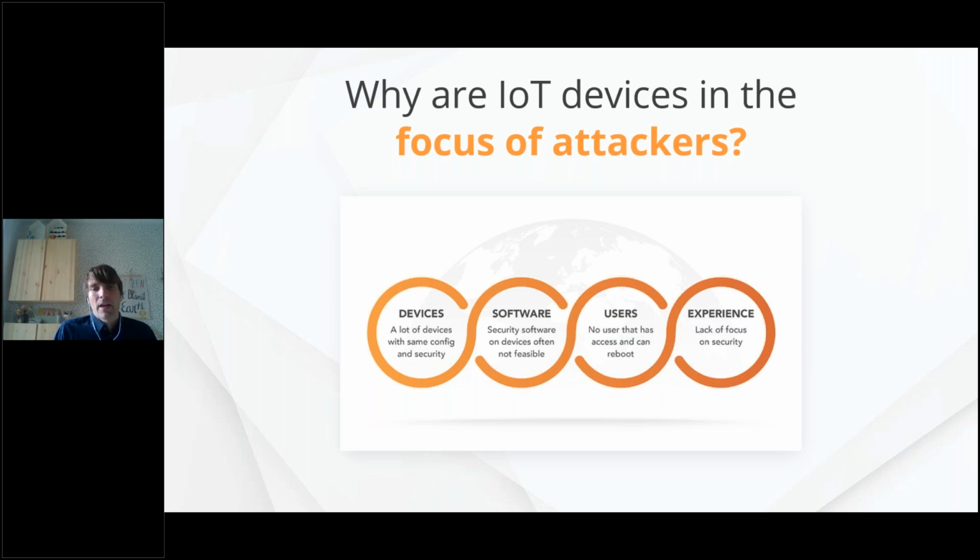In the regular use case with a laptop or PC, you see that something is happening and you can at least do a reboot or run your virus program against it. On an IoT device which is out in the field, you don't see anything unless you have extensive monitoring in place that shows you that there's something happening.